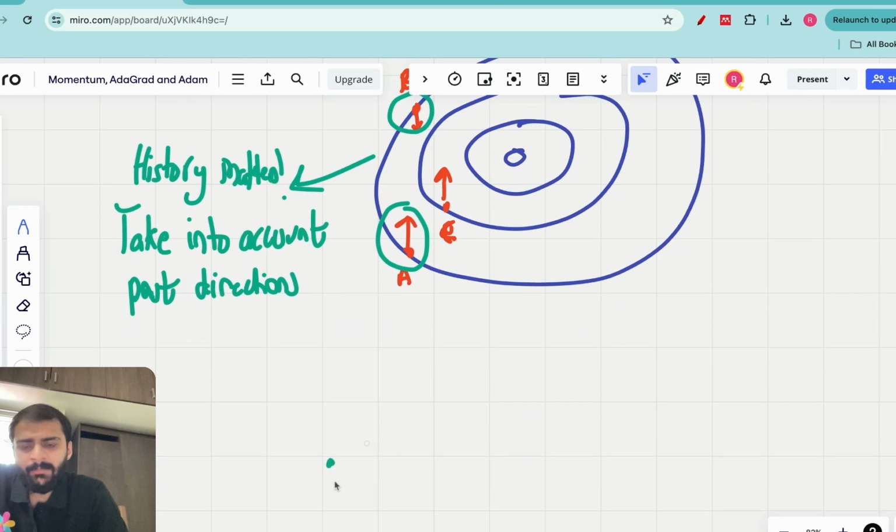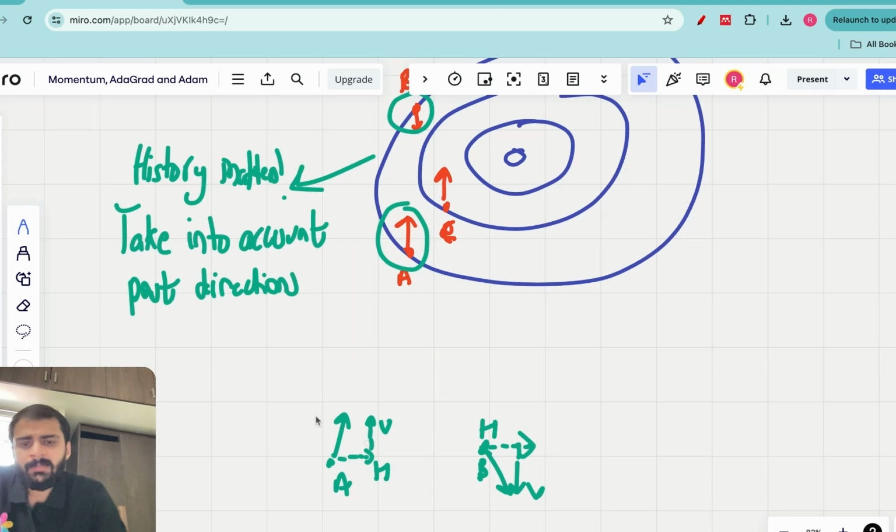At A, this is the direction roughly, which has two components, the horizontal component H and the vertical component V. At B, this is the direction roughly. So at B also there is this as the horizontal component in this direction, and there is this as the vertical component.